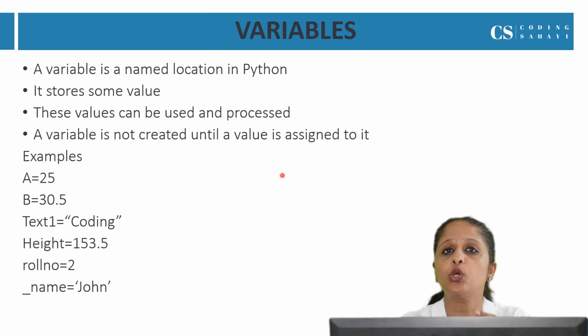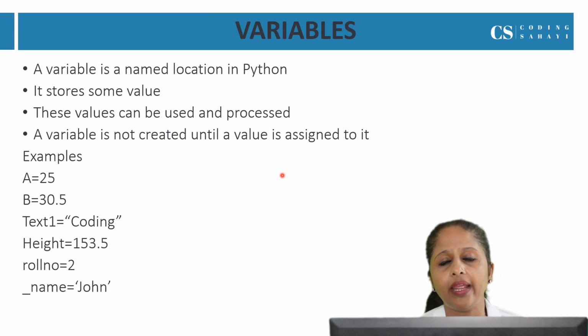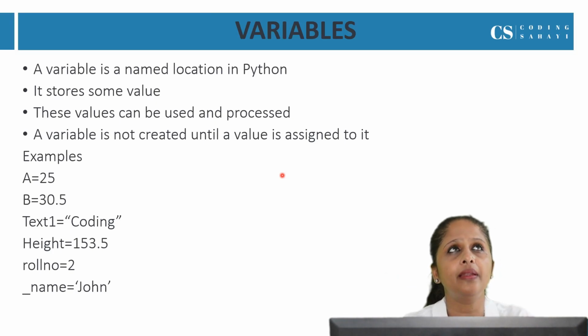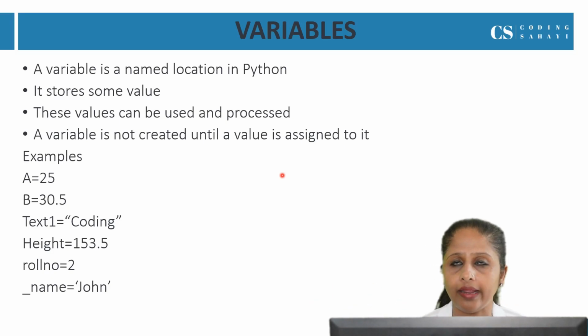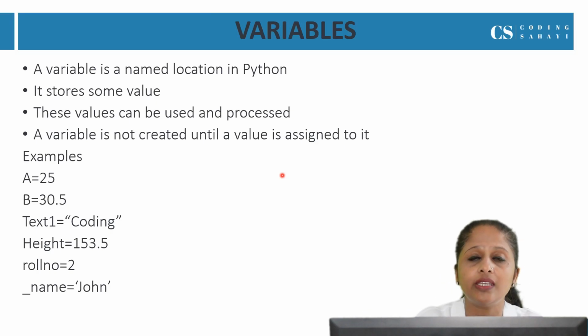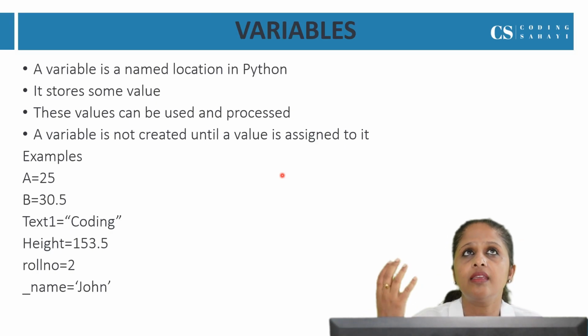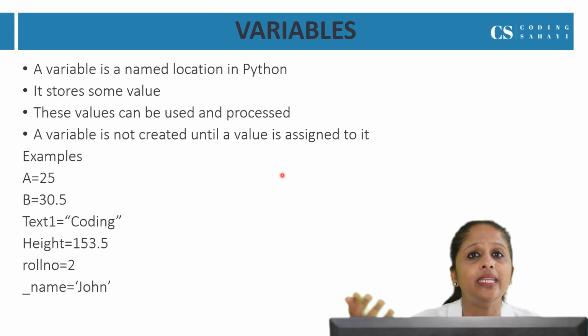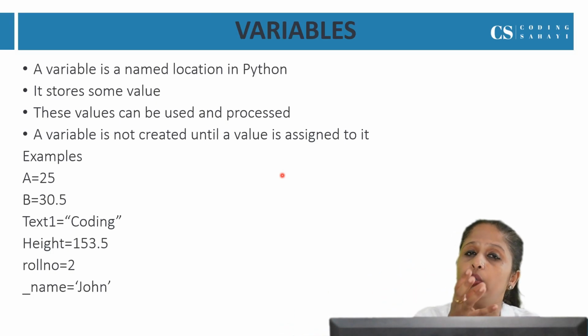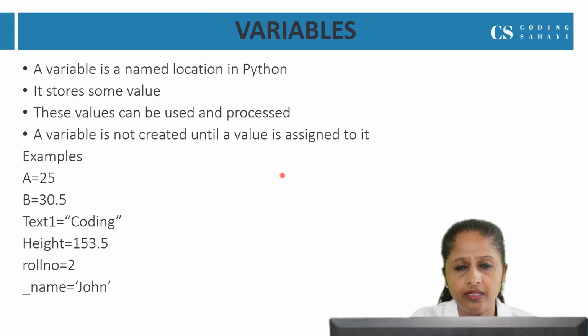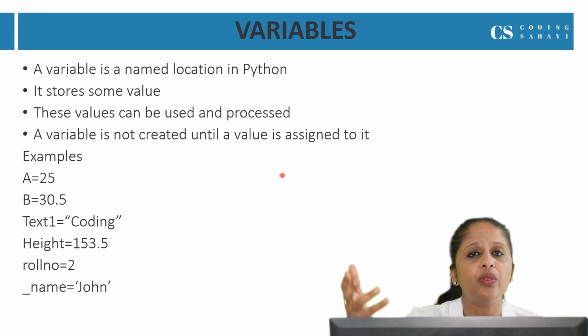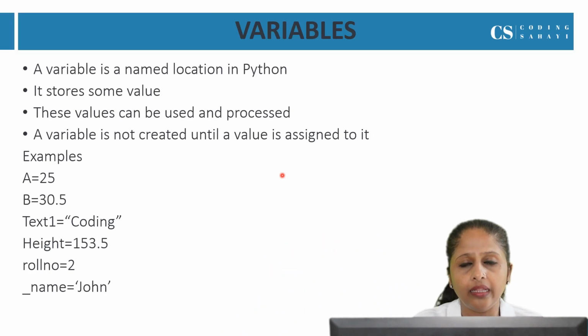In maths also we write like that, for example x is equal to 20. These values we later use in the program and process. If we have two values like 20 and 30, you can store them in variables, and those variables will be used for other processes.